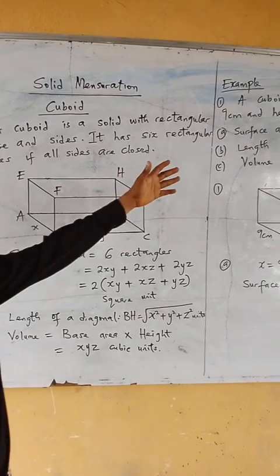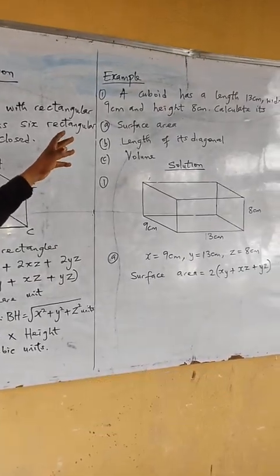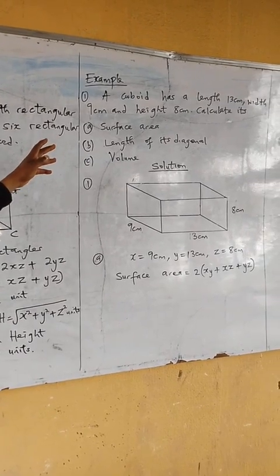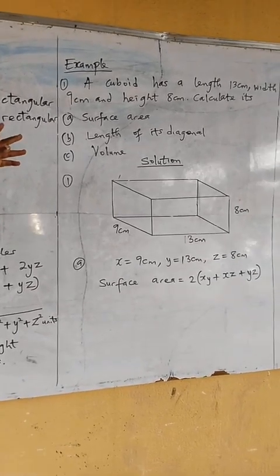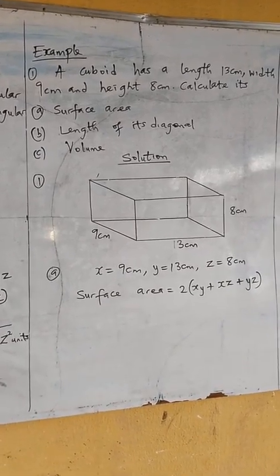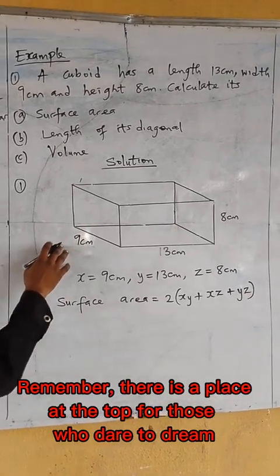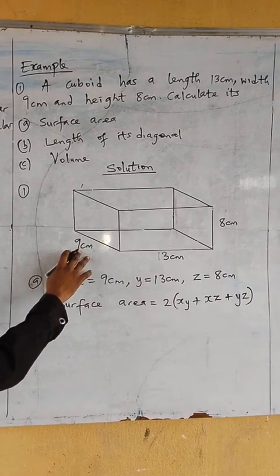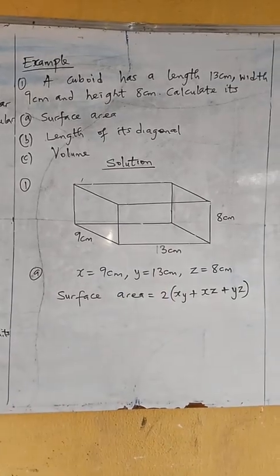So let's solve this example given. A cuboid has a length 13 cm, width 9 cm and height 8 cm. Calculate its surface area. Remember, this is the diagram. Our x is 9 centimeter, our y is 13 centimeter, and our z is 8 centimeter.